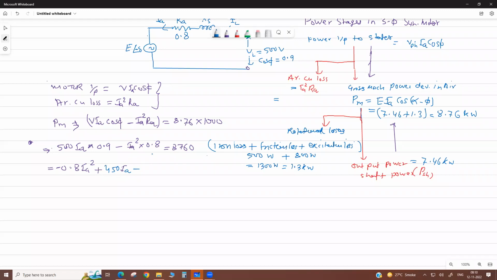And on this side, if we take this also, it comes 8760 equals to 0. Or you change the sign, then it becomes 0.8 IA square minus 450 IA plus 8760.